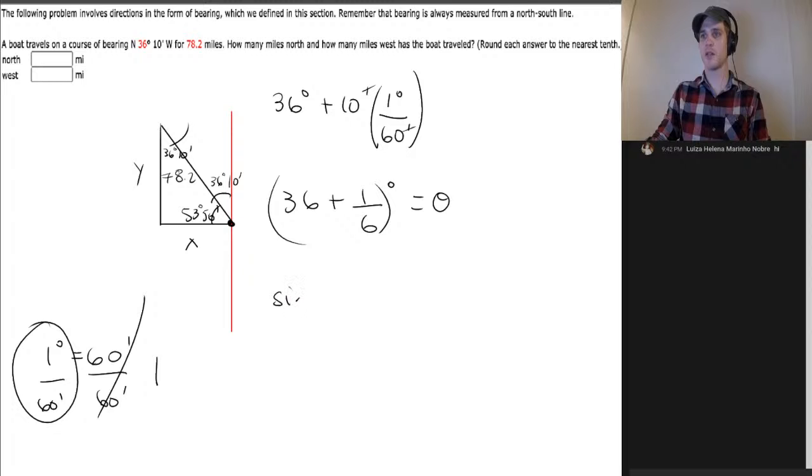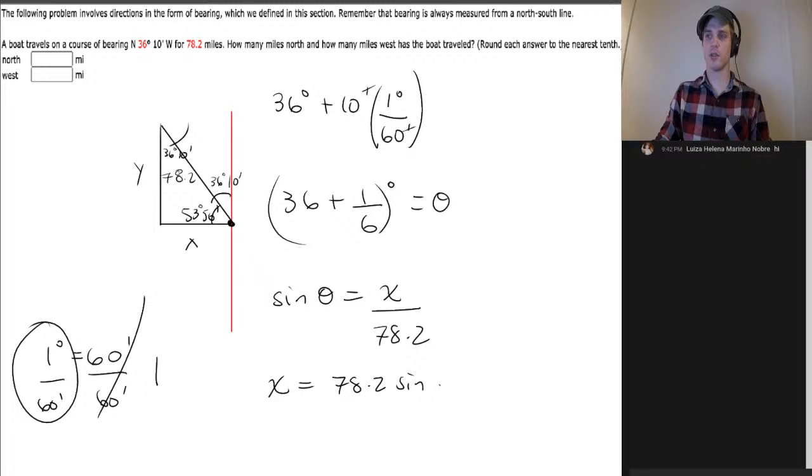So the sine of theta equals x over the hypotenuse, which is 78.2. So to find x, I multiply both sides by 78.2, and I get x equals 78.2 times sine of theta. And theta is that 36 plus 1/6 degrees.